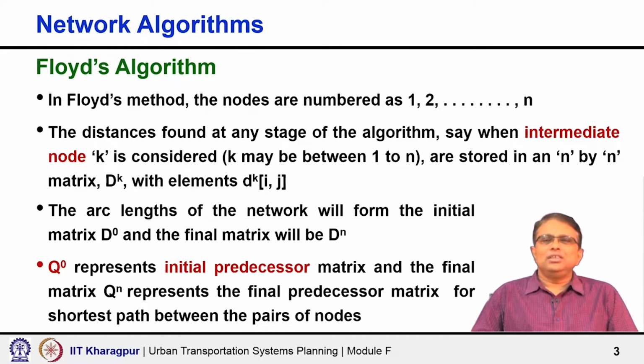Similarly, the initial predecessor information we shall also store in an n by n matrix, but that cell will denote what the predecessor is. For example, if I consider a cell 1 to 5, so let us say we are considering from 1 to 5, then this cell value will indicate the immediate predecessor node of 5.